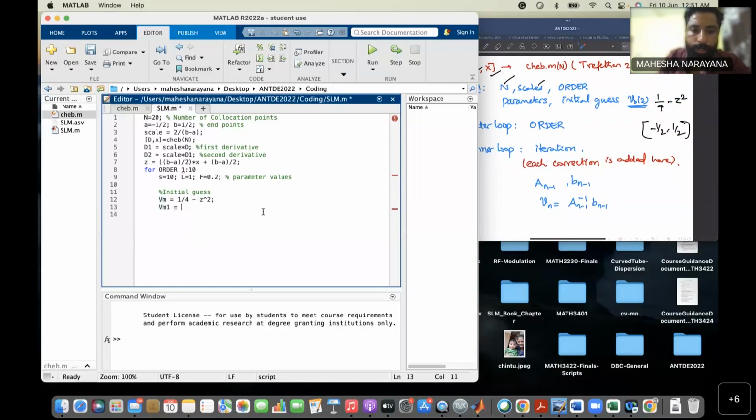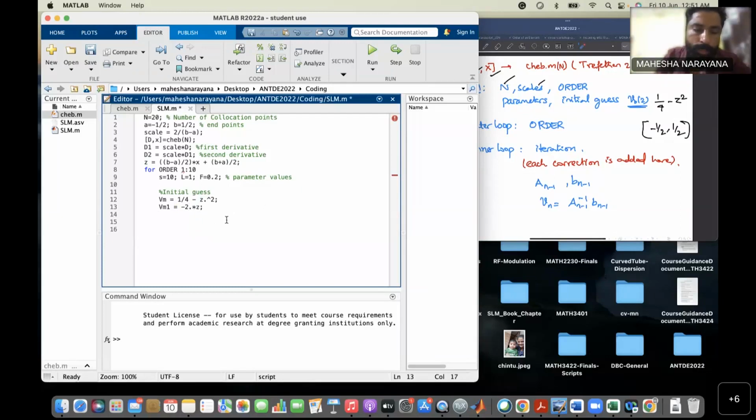You will have to use the element-wise operator. That is dot. All the operators should be preceded by dot. The dot operator indicates that it is a point-wise operation. Otherwise, MATLAB can give you some problem of dimensions.